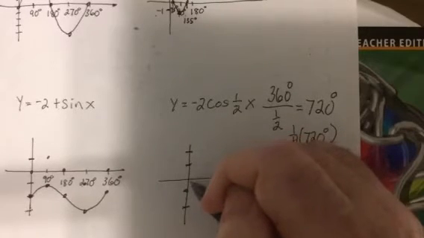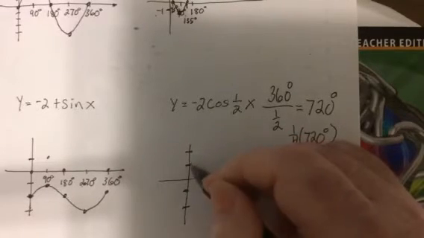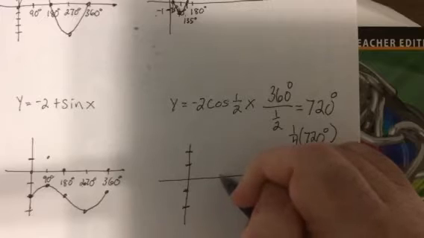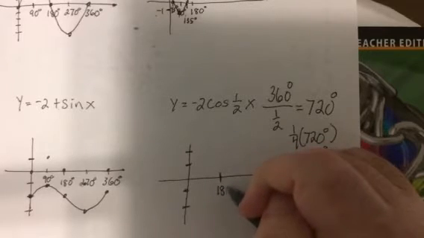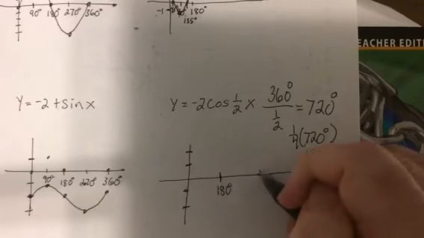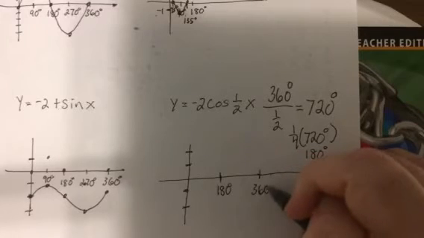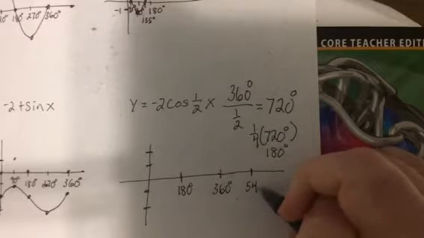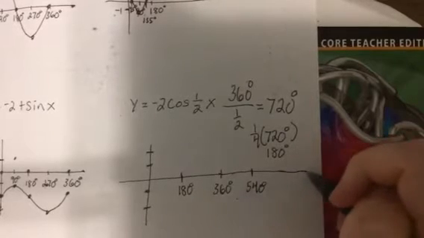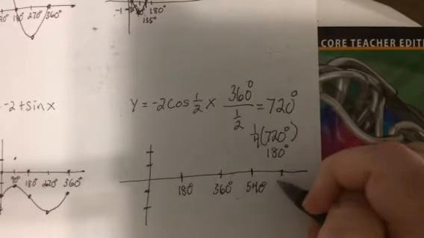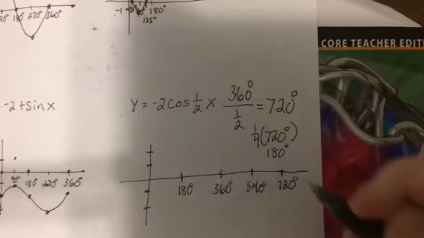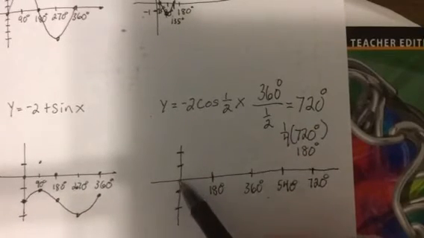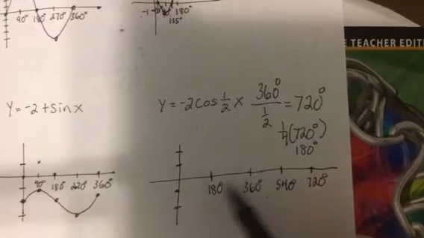So 180 is 3 of those. So I should have made this smaller because this is stretched out here. So 180, twice that is 360. Then we have 540. Then 720. So before it would go from here to here, but now it takes all the way to here.